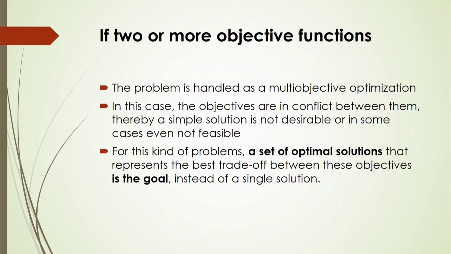If two or more objective functions are to be considered, the problem will be handled as a multi-objective optimization problem. In this case, the objectives are in conflict between them, thereby a simple solution is not desirable, or in some cases not feasible.